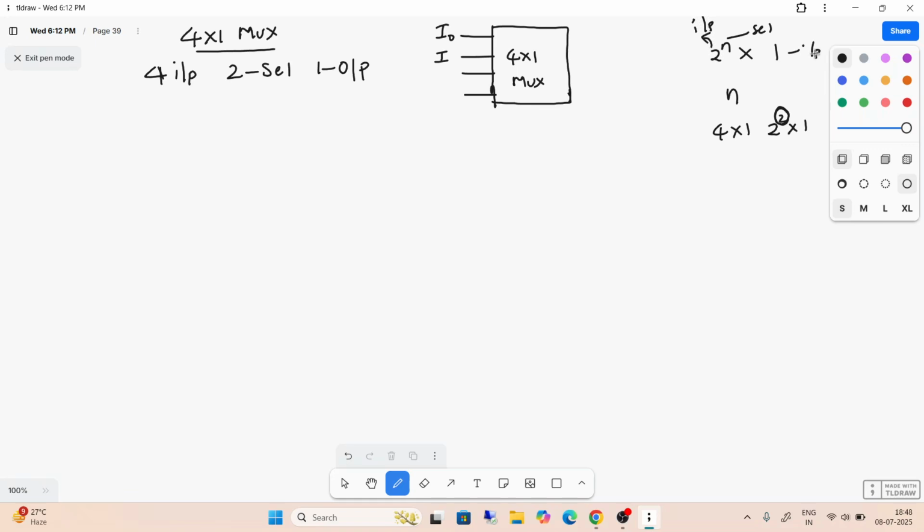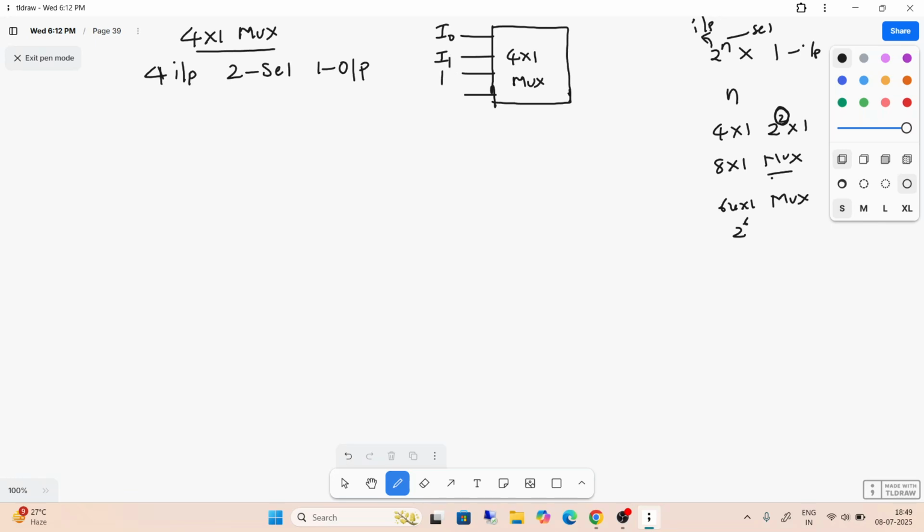If it is an 8 cross 1 MUX, how many selection lines? 3 selection lines. If it is a 64 cross 1 MUX, 6 selection lines, since 2 power 5 is 32 and 2 power 6 is 64. Based on that you need to find the selection lines.